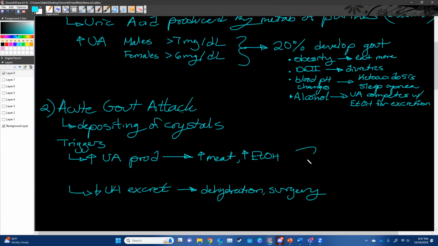What this is all going to accumulate in is a couple of very significant symptoms. The first is that you get a huge inflammatory response. We're talking pain.